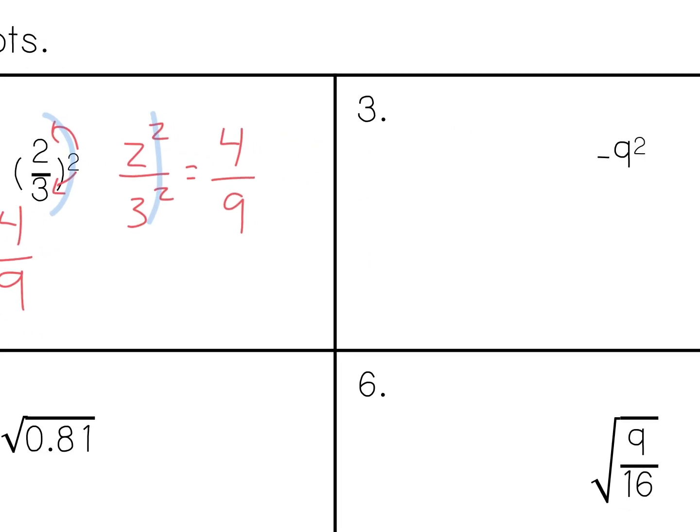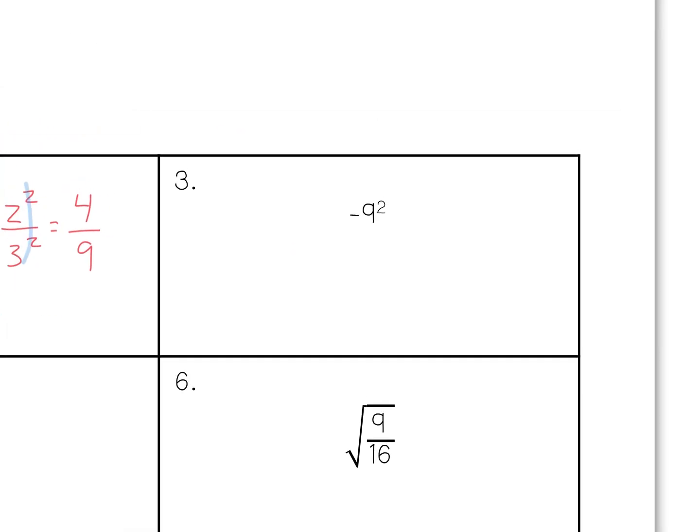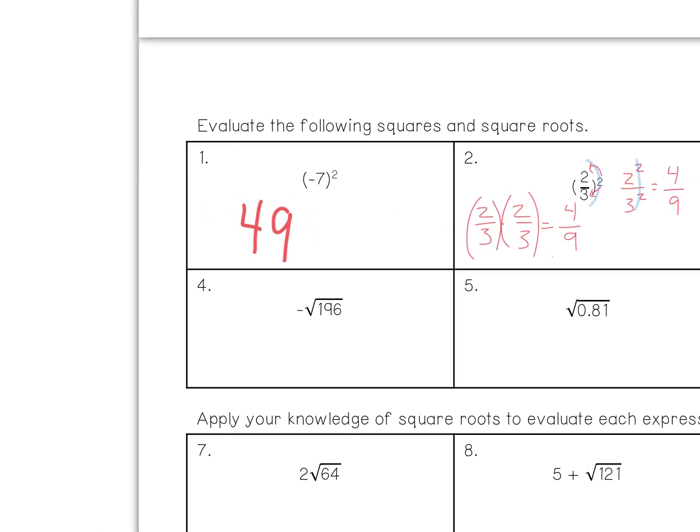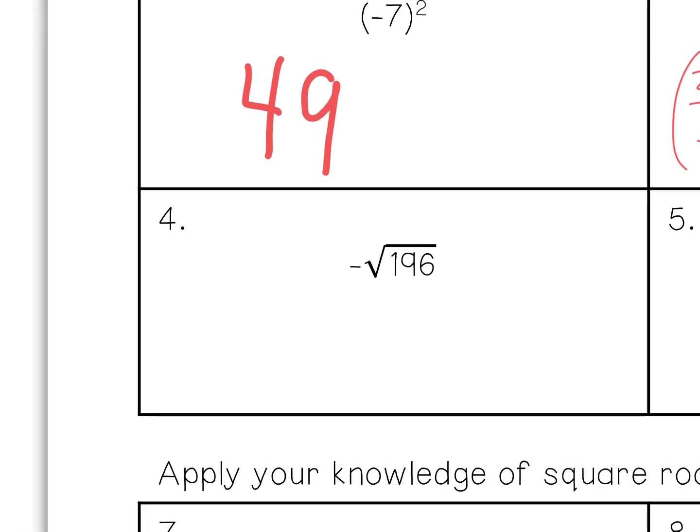Okay. Somebody want to give me the answer that they think for number 3? Negative 81. Yes, negative 81. Let's see. Number 4? Okay, 14. But what's in front of the 196?